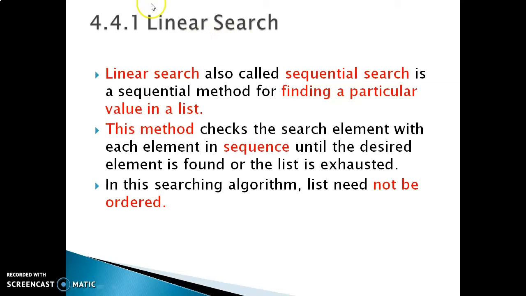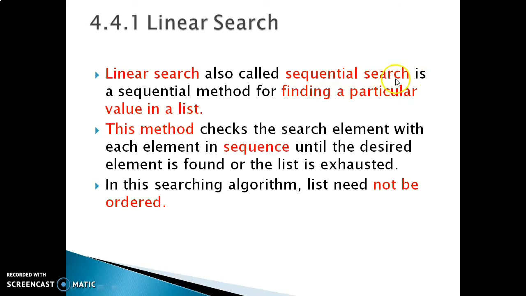Now you can see how linear search works. Linear search is also called sequential search. Why do we call it sequential search? Sequential search means it starts searching element by element, one by one, in the given order. That's why we call it sequential search.